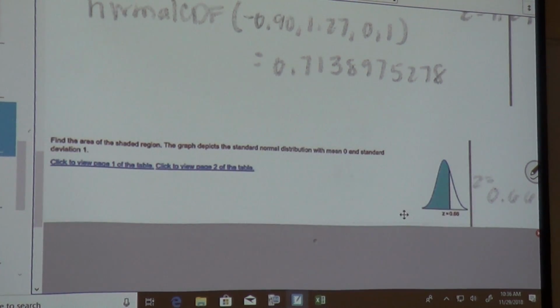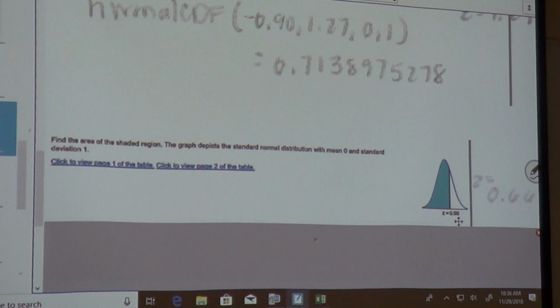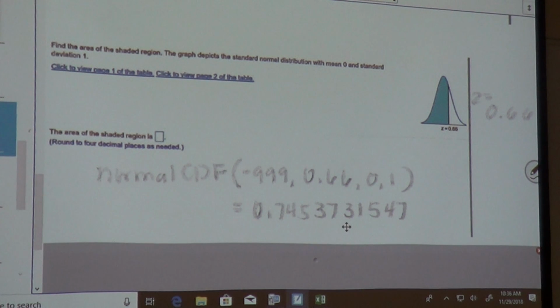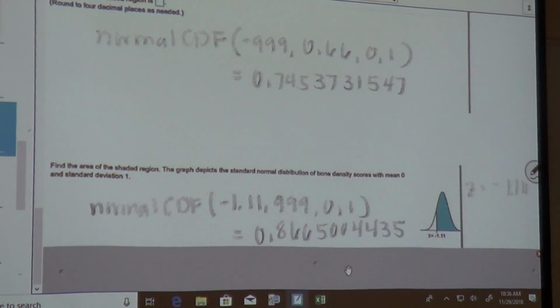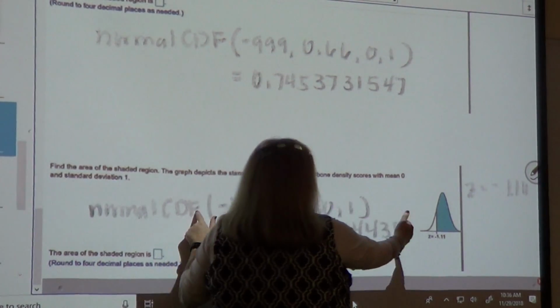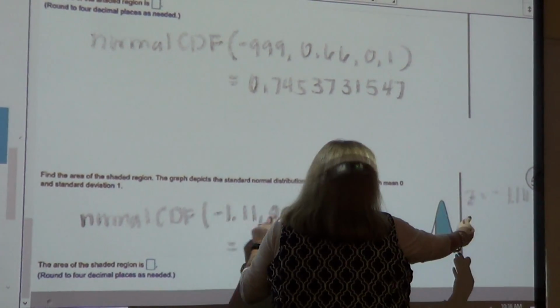This one is going to be negative 999 to 0.66 with a 0 and a 1. We good? Negative 999 to 0.66 with a 0 and a 1. This one is going to be negative 1.99 to 999 with a 0 and a 1.